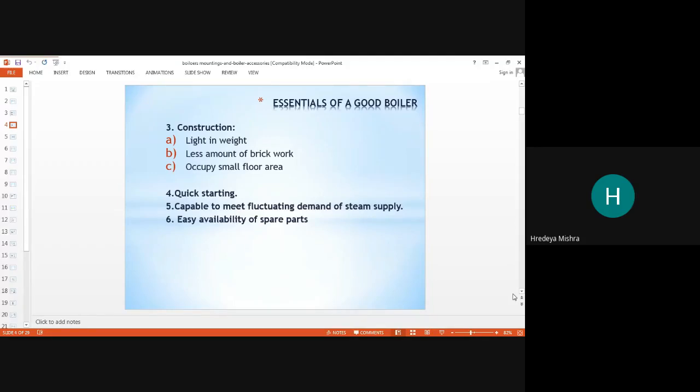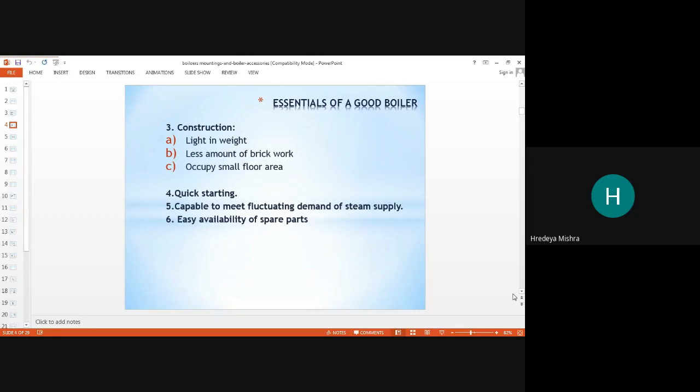Because you have a Nasik background, you know many sugar mills are there. What happens in sugar mills? Sugar mills run 6 months and have 6 months of maintenance. After the maintenance, it takes one day to start the boiler, and many sugar mills celebrate that day as boiler fire day.